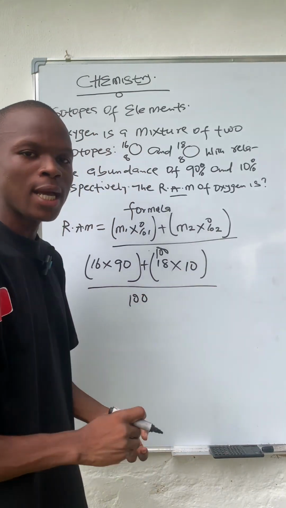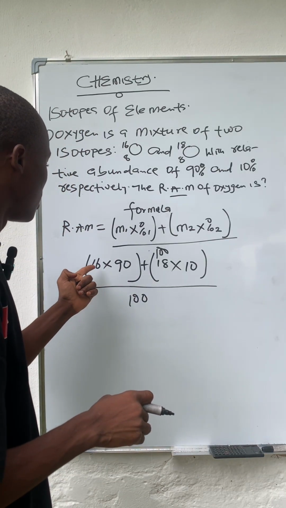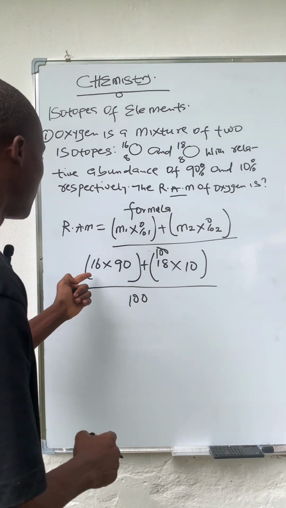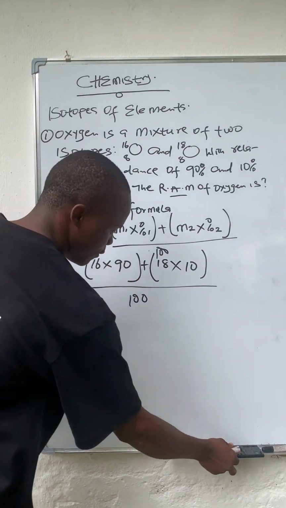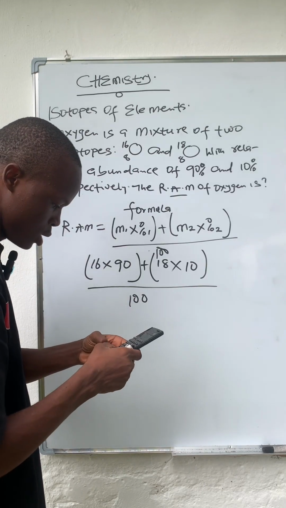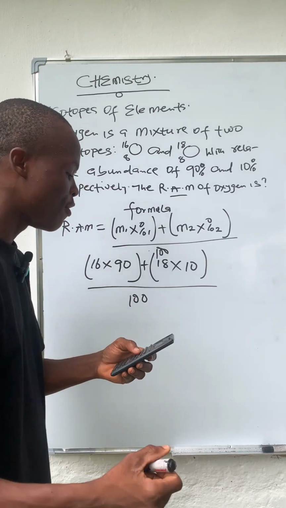100. The next thing you have to note is that you have to multiply and divide. What do I mean? 16 times 90 will give us what? 16 times 90 will give us 1440.